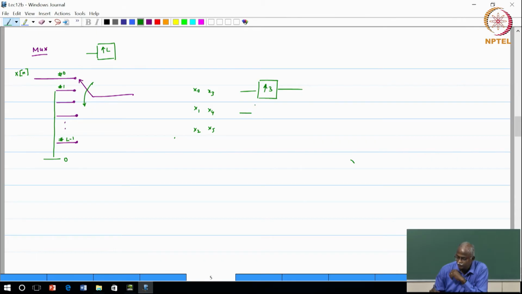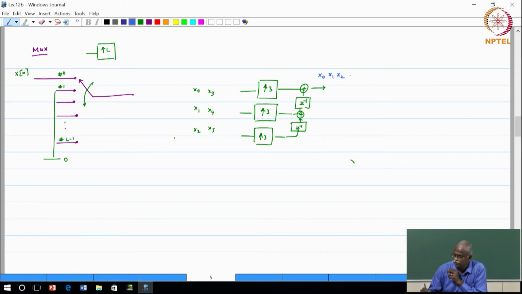To insert x of 1, you upsample by a factor of 3, and then you have to pass through a delay, so that it actually gets into the right position. Okay, so this is an addition sign, and the third data point also is upsampled by a factor of 3, with another delay element and an addition, and what you will get here is x0, x1, x2, x3, x4, x5 and so on.